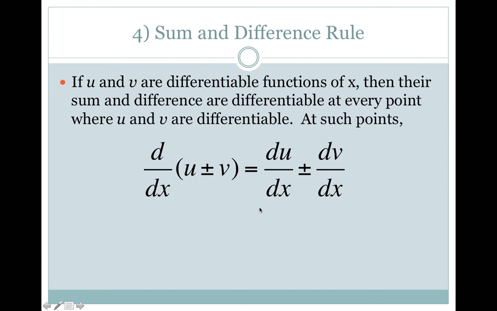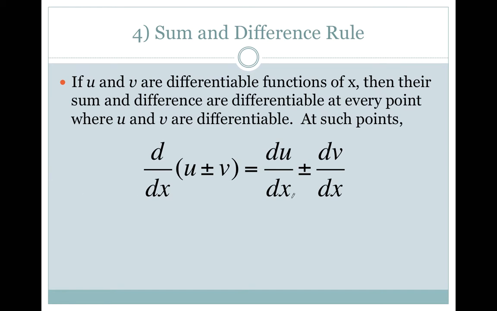Okay, some of these look like they're all kind of disjointed rules, but they all actually go together very well here as we go into the harder and harder problems. If you have two different functions and both of those functions are differentiable, then their sum is also differentiable, or their difference. And we can say something like this.